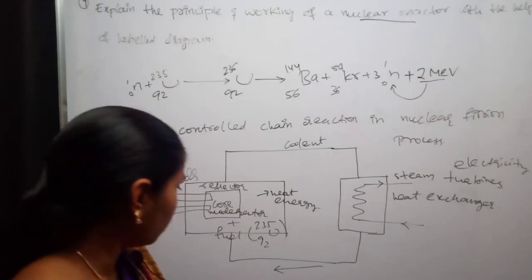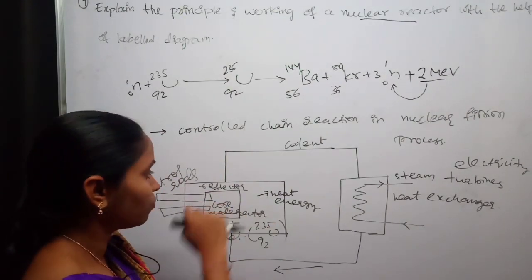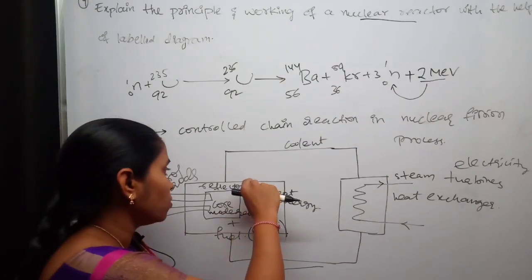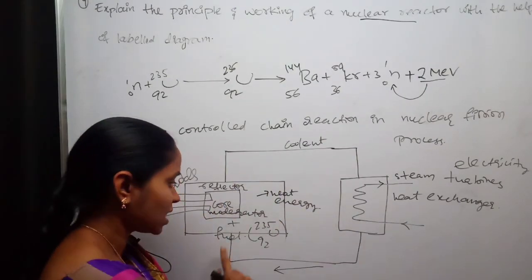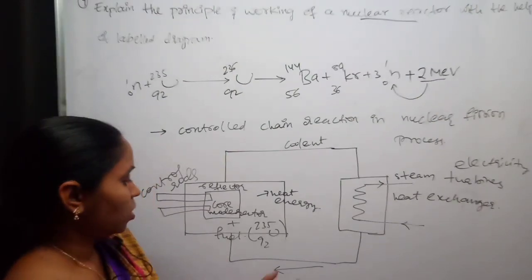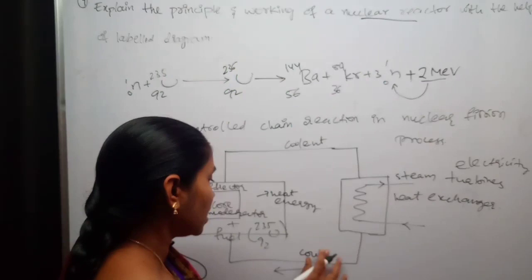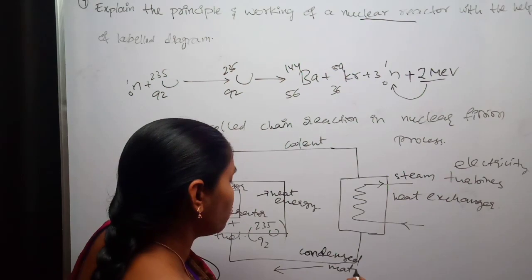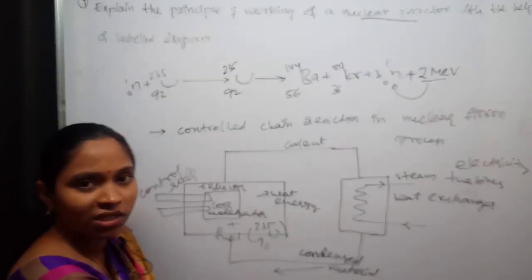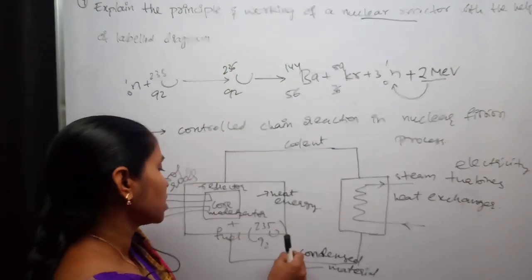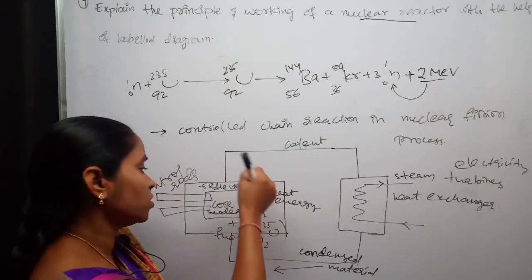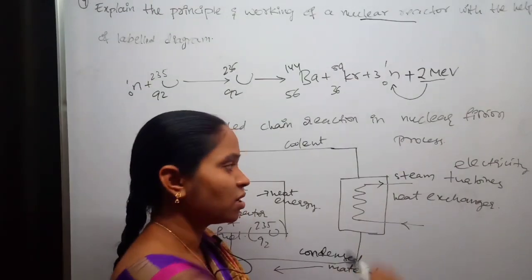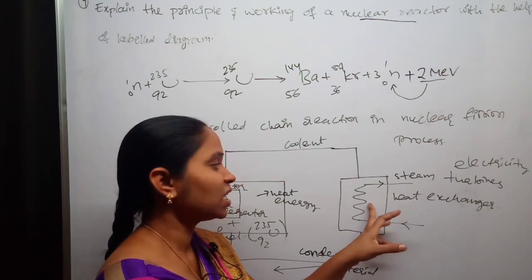Okay, then after, this core is surrounded with a reflector which controls the leakage of the radiation, and to this section a coolant is attached, in which the condensed material is allowed to pass. This condensed material absorbs the heat energy which was generated in this section, and this heat energy is allowed to pass through the heat exchanger.